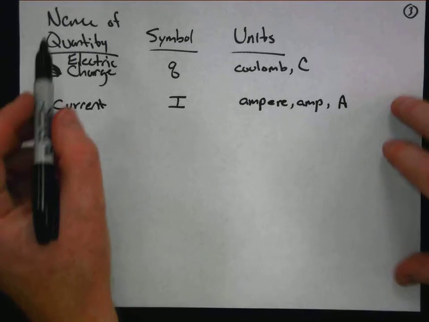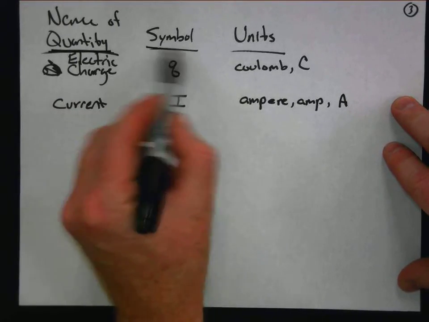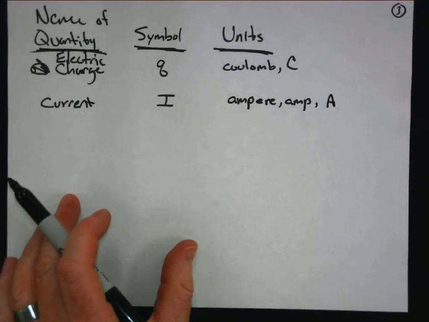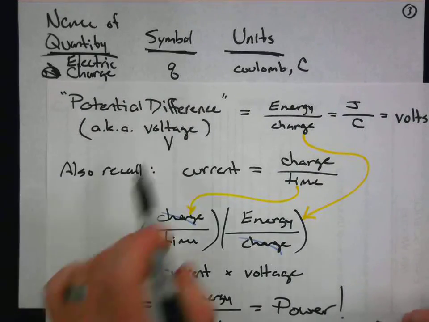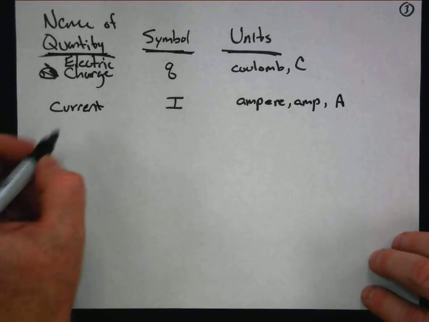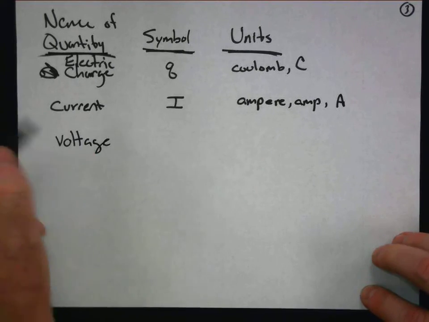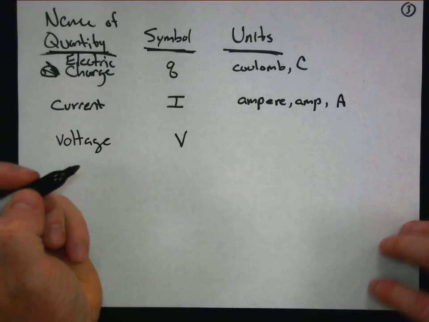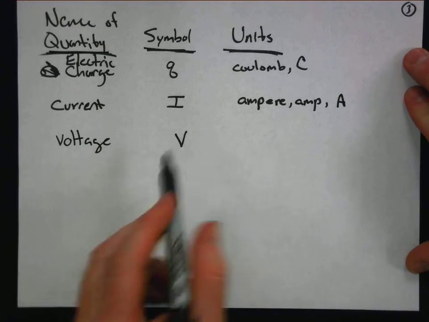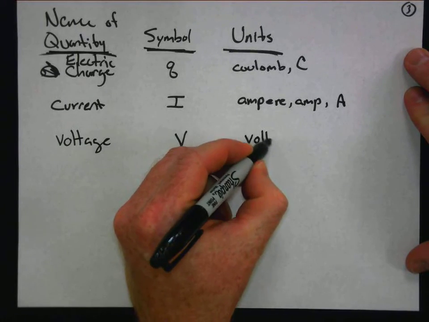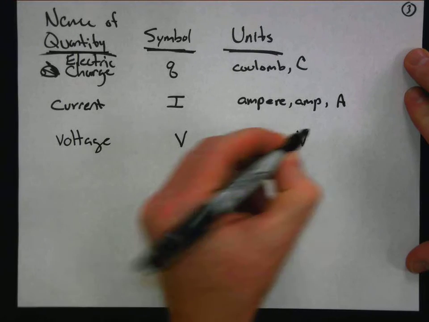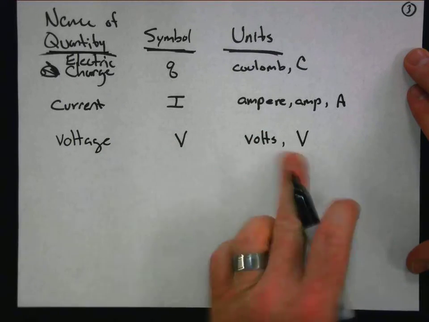Well, what kind of new things have we seen just recently? We have seen voltage. Okay, so let's throw that on the list. Voltage, symbol is a capital V. And the units are volts, and the abbreviation is a capital V. That's a little strange right there, but okay, go with it.